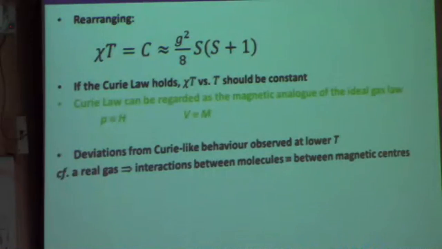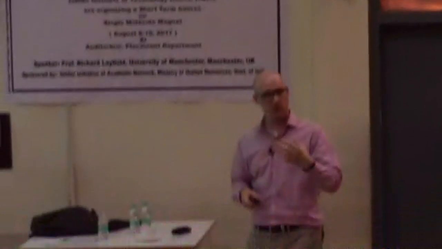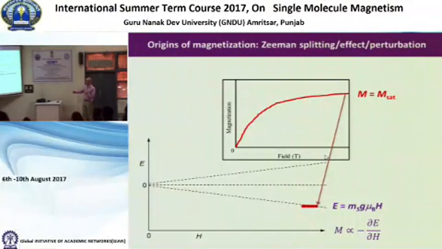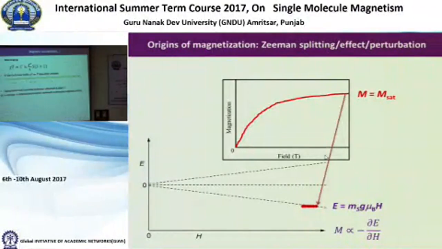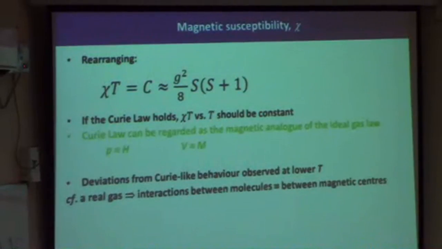The ideal gas law expresses the properties of a gas in terms of a few variable parameters: the pressure, the volume, the temperature, the amount of the material, and the constant. There is, I think, a magnetic analog of the ideal gas law, in which you can regard the pressure as equivalent to the magnetic field and the volume as equivalent to the magnetization.